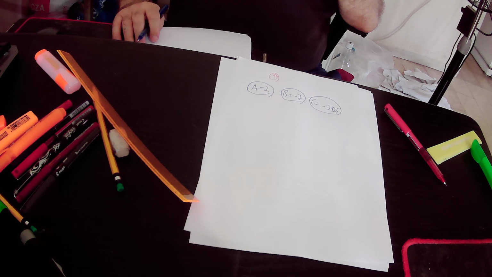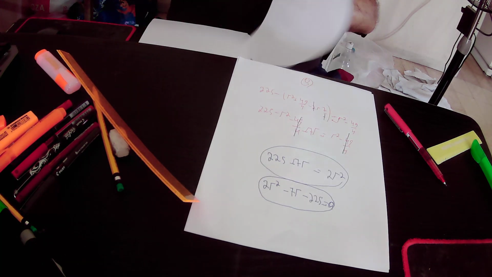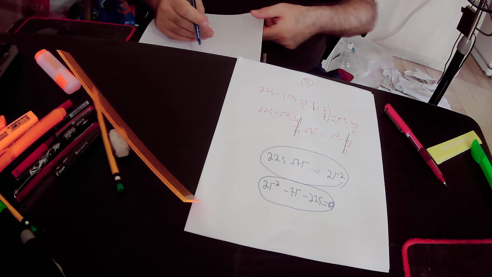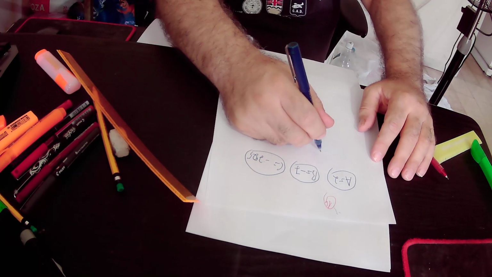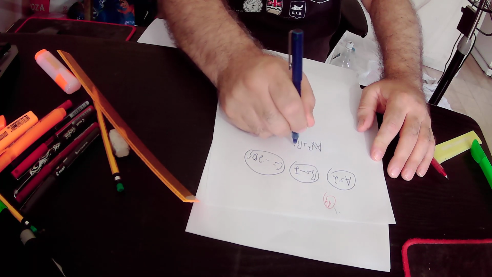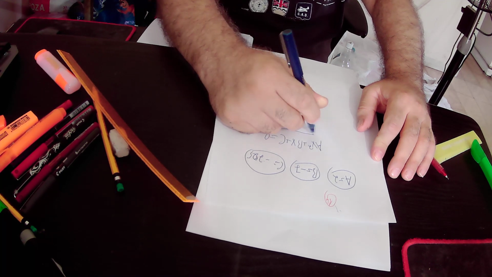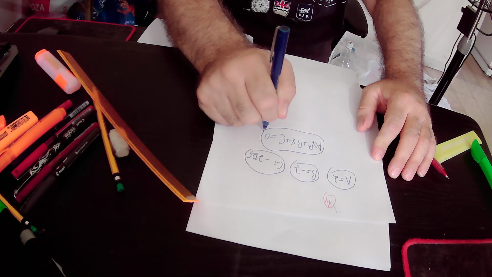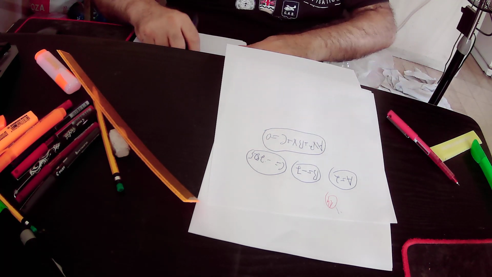And actually the general formula of a quadratic equation is ax squared plus bx plus c equals to 0. That is the general formula for a quadratic equation.